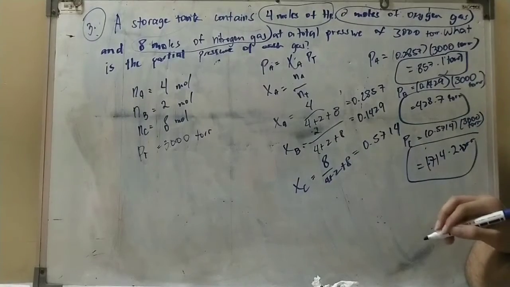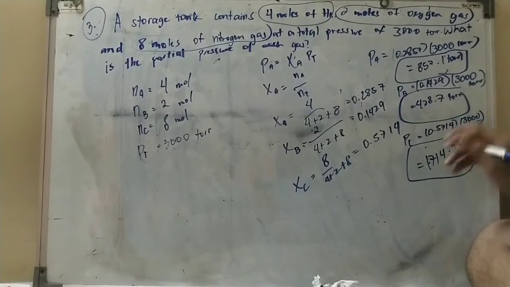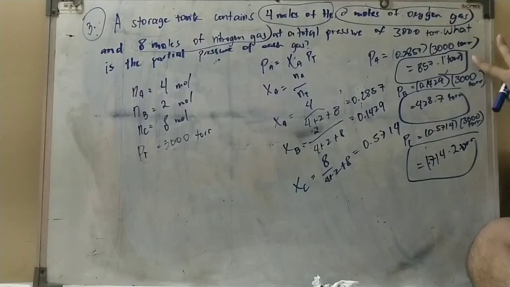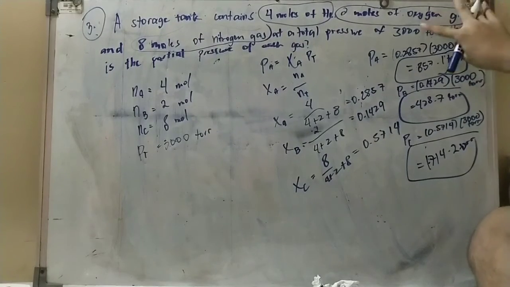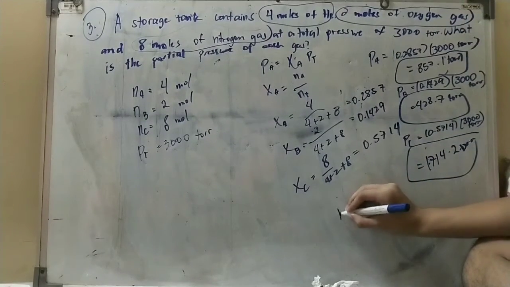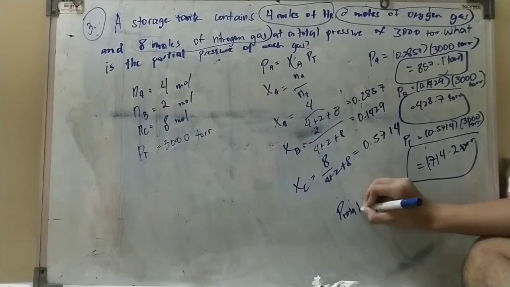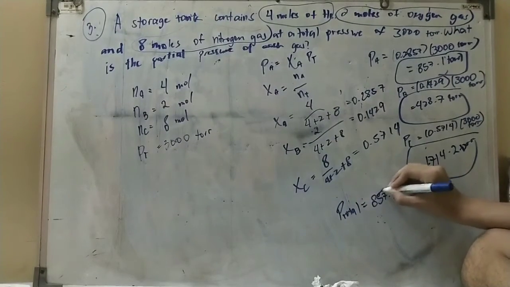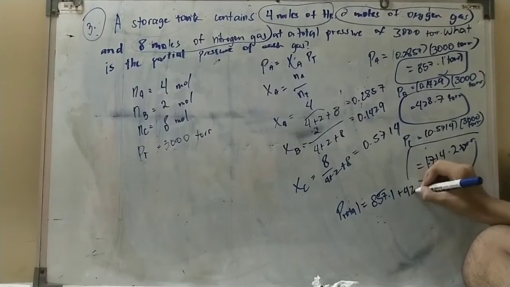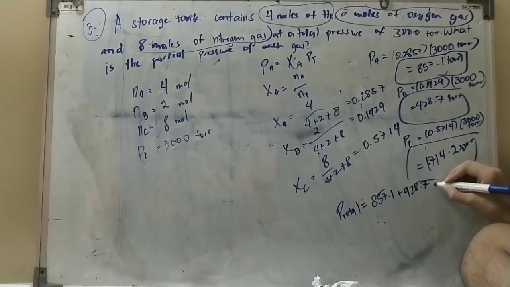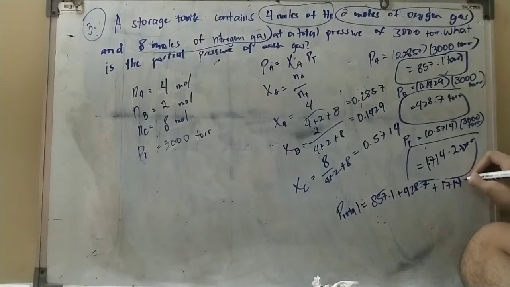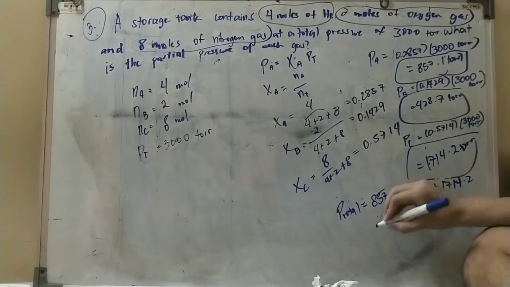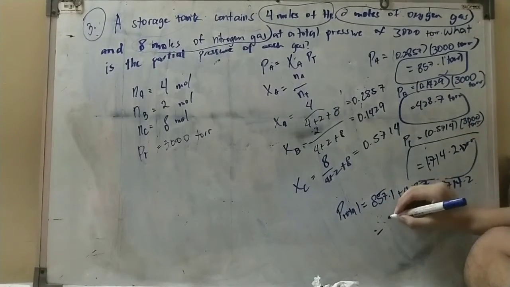Now, to check if our answers are right, we need to make sure that if we add them to one another, what we get is 3000 torr. So let's double check. So P total is equal to 857.1 plus 428.7 plus 1714.2 is equal to 3000.